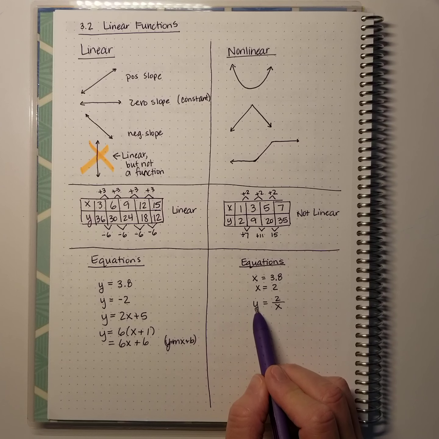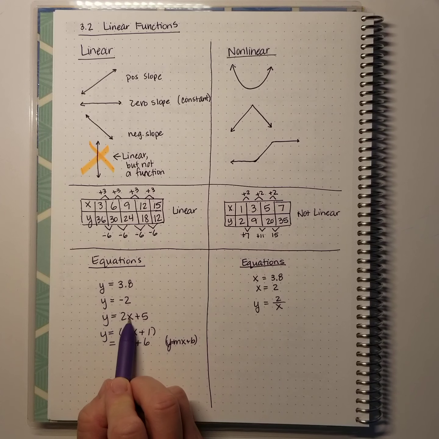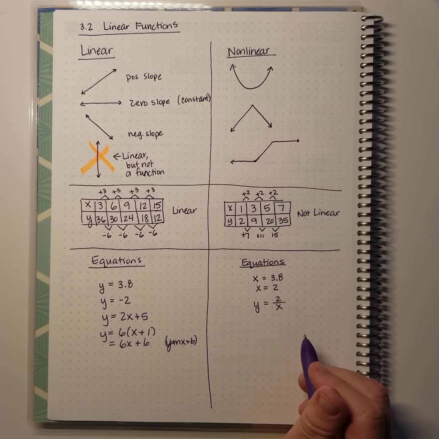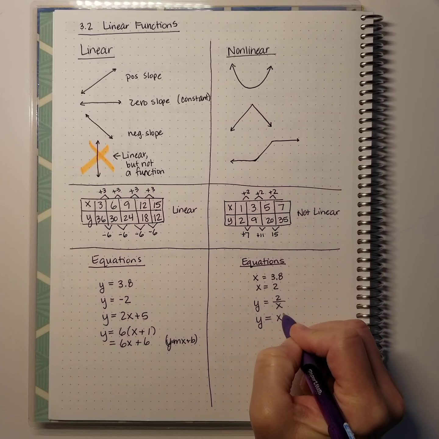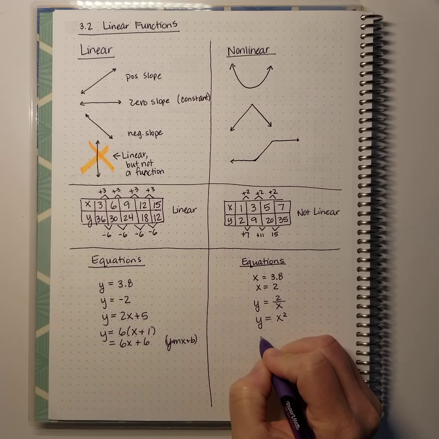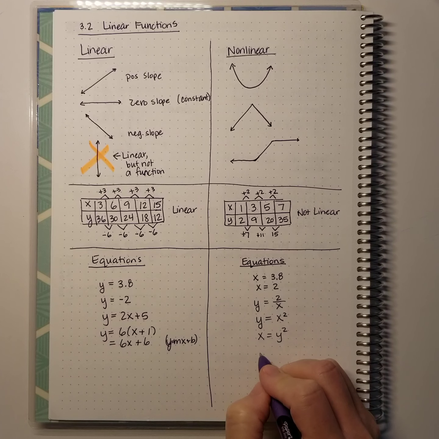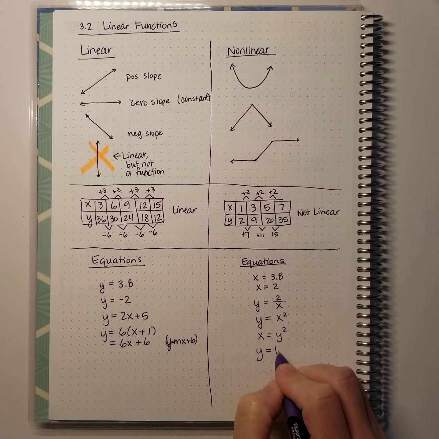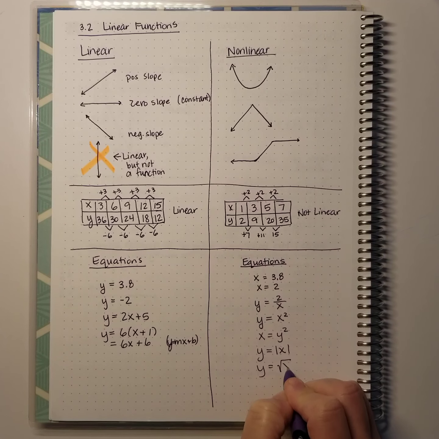So just because there's a y on one side and an x on the other doesn't mean it's going to be linear. It depends where that x is. Also anything with a squared term, like y equals x squared, or x equals y squared, these are nonlinear. Another might be y equals the absolute value of x, or y equals the square root of x.